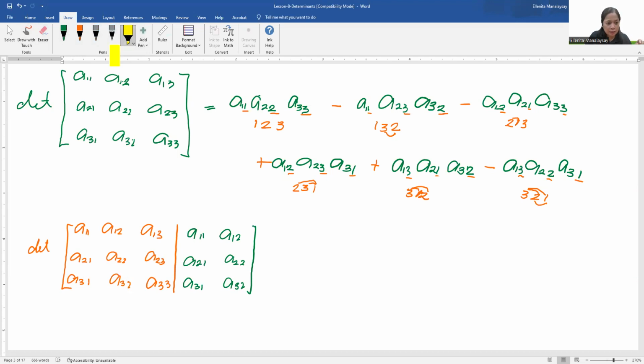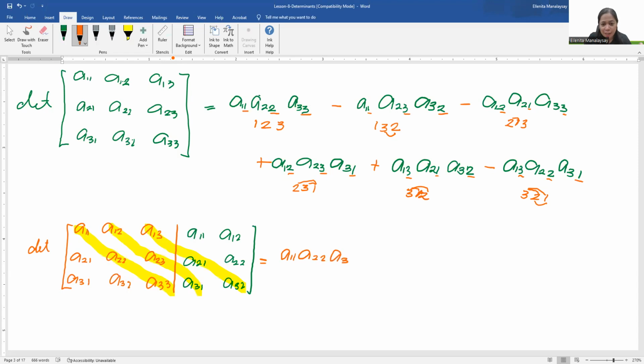Okay, diagonals, ito yung nasa main, this one, and this one. So let me list those entries. So this is equal to A11, A22, A33.